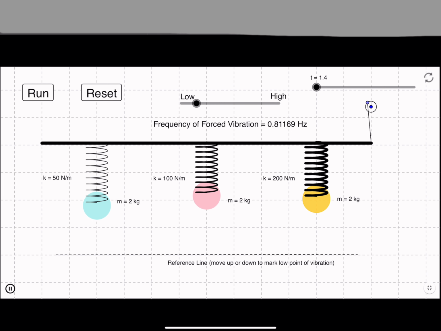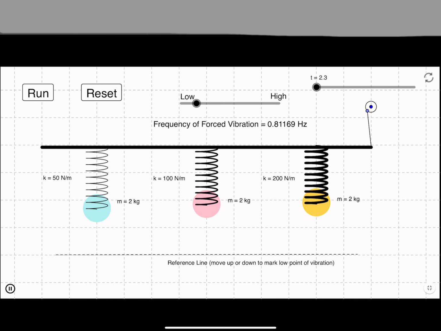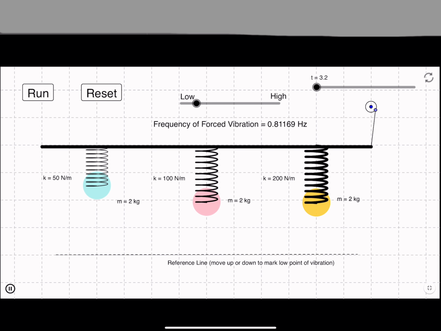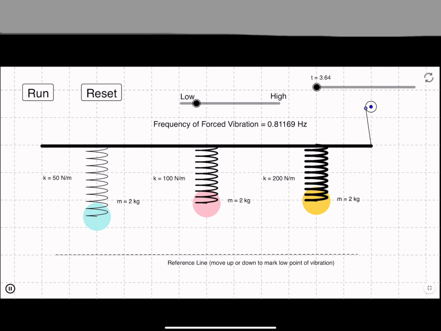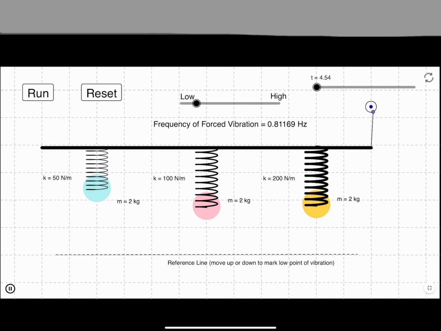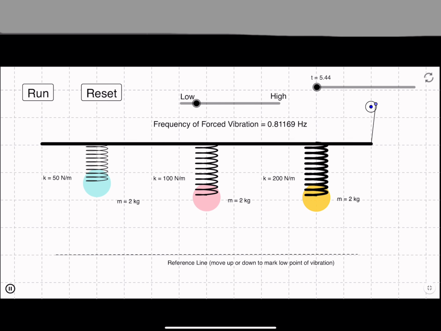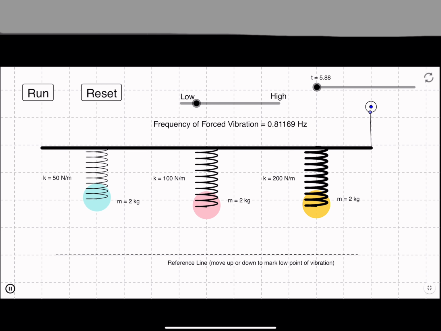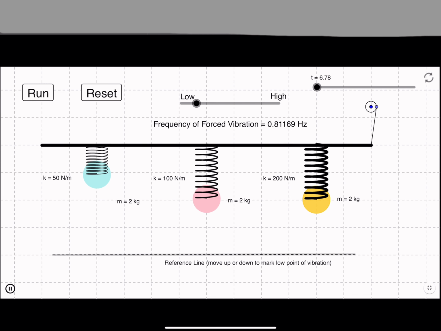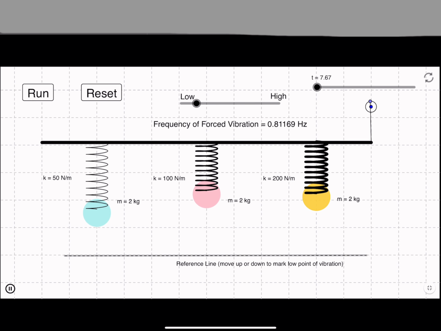All these balls are vibrating, but as the natural frequency of your blue ball is 0.8, and the force frequency you have set is equal to 0.8, you will see that the blue ball vibrates with the maximum amplitude. Here you have the reference line, which just shows what the maximum amplitude will be.